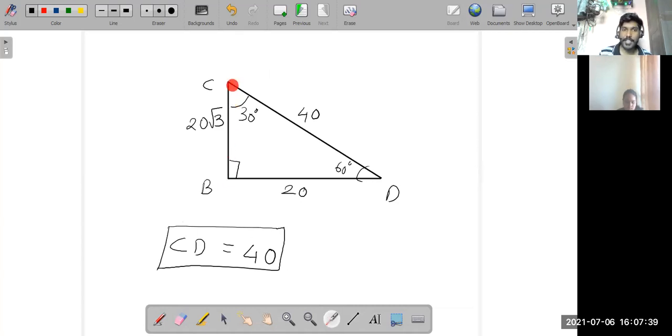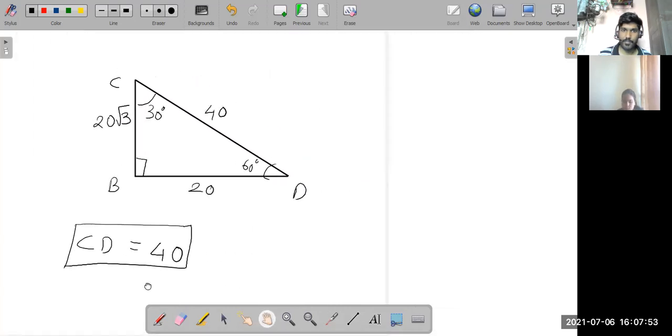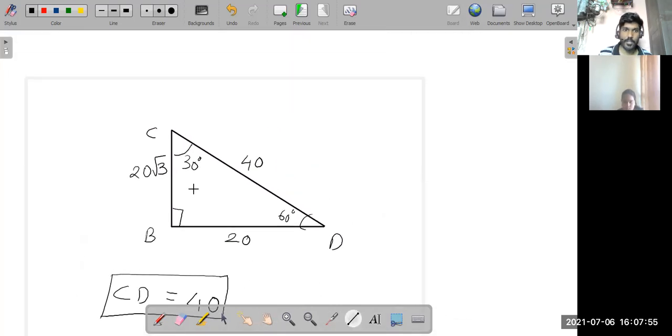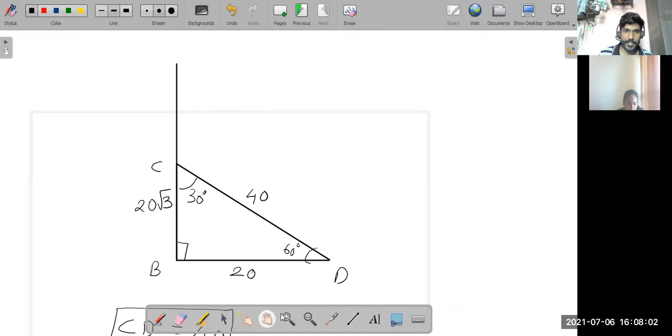BC was the entire tree, and at point C the tree broke, and the top of the tree is touching the ground at D. Do you remember all this?